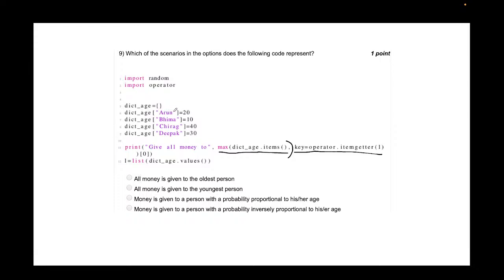As usual, a dictionary is created with names as the keys and their corresponding ages as values. It says print give all the money to the maximum of the dictionary age dot items, simply calculating the maximum age of these key values.